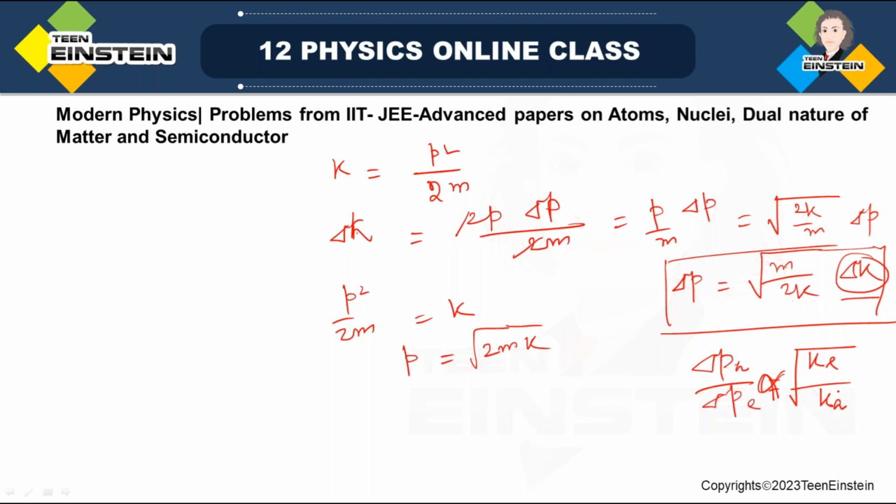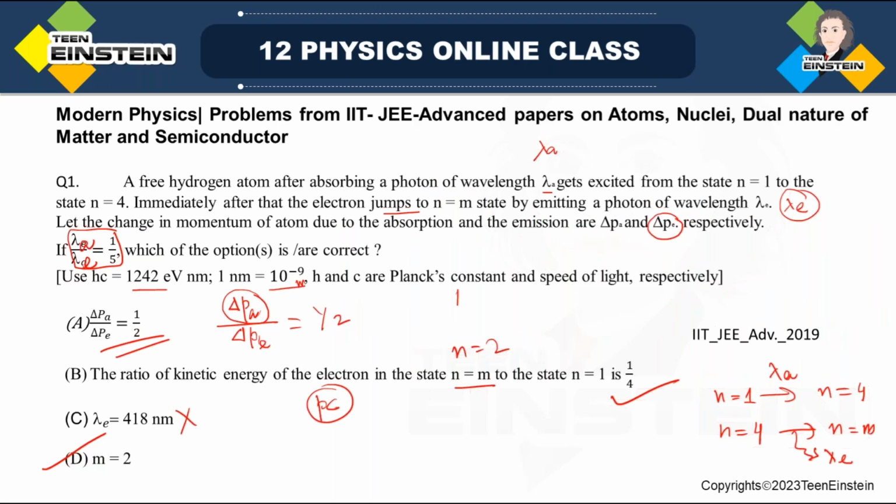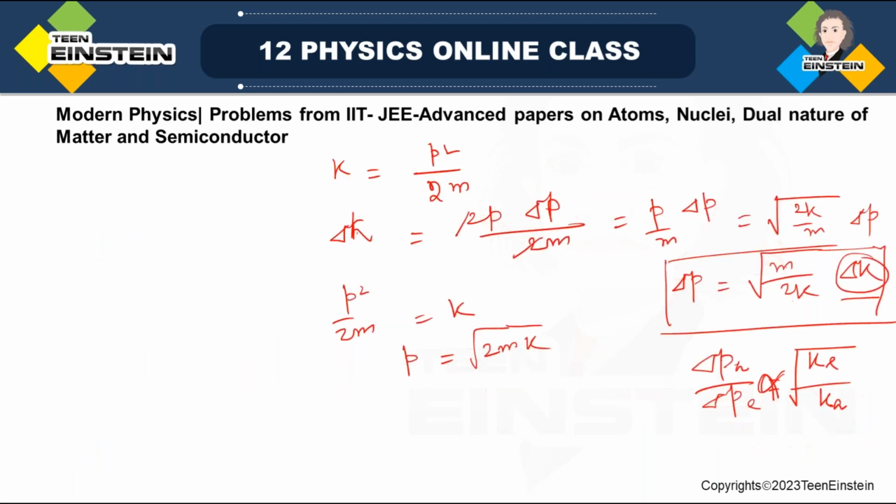So this would actually give you KE by KA. We have got the emission ratio 1 over 4, so 1 over 2.